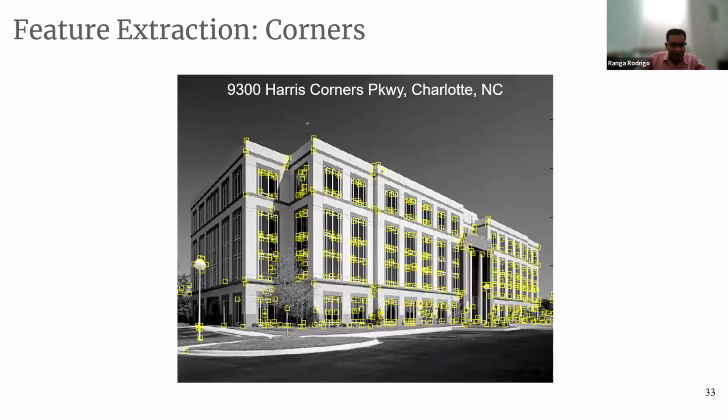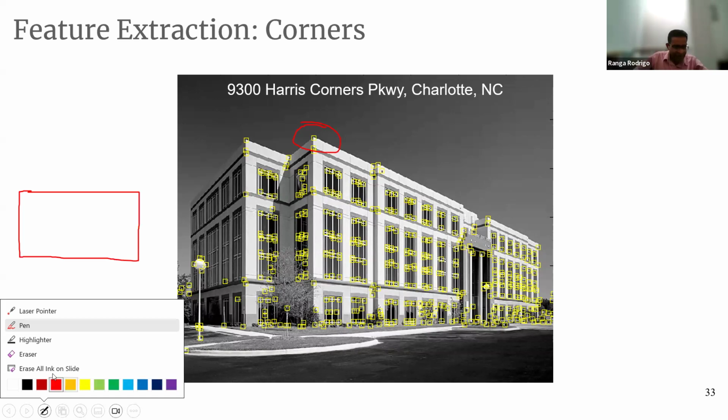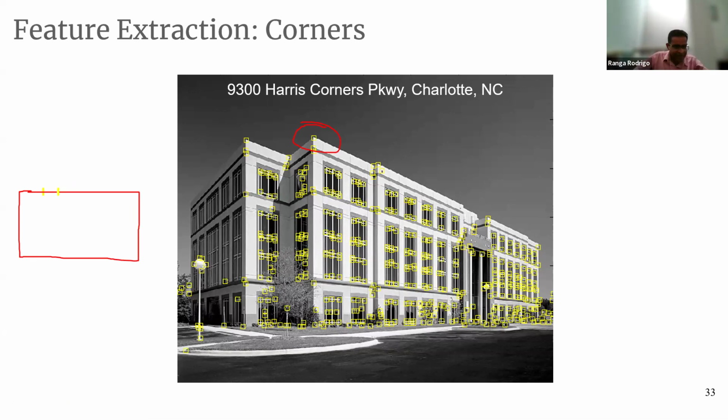So these are corners, as you can see. But mathematically, how do you define them? If you take an edge, let's take a tabletop. This area is an edge, right?